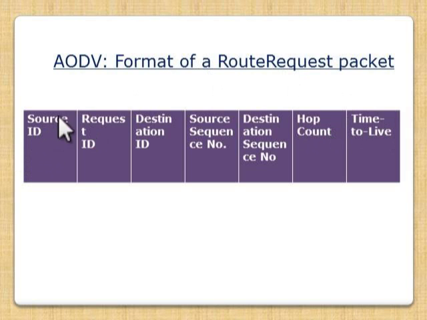The source ID stores the source of the request, and the destination ID identifies the destination. The hop count counts the hops, and time to live limits the time.